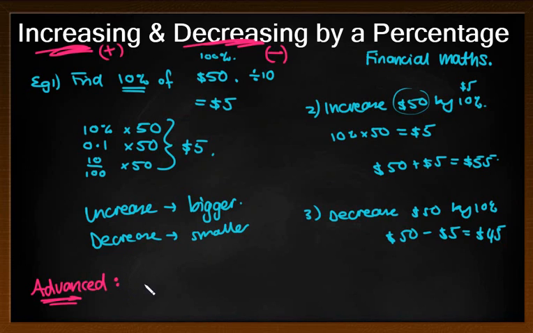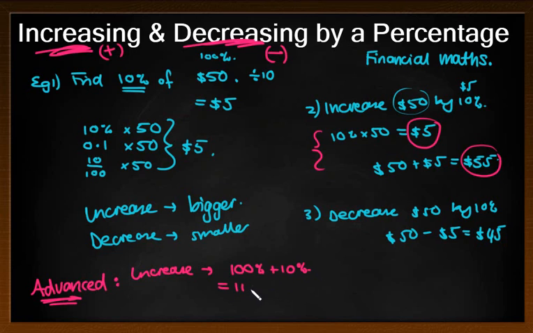The advanced way looks at it as, instead of having the two separate calculations, it does all of this in just one calculation. Now, how do they do this? Well, if I'm increasing, that means it gets bigger. So let's say we're increasing by 10%. That means I've got 100% and I'm adding the 10% on.